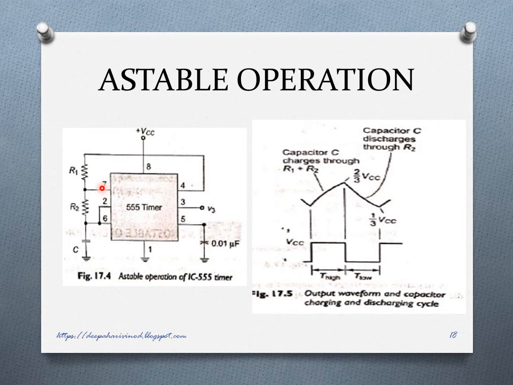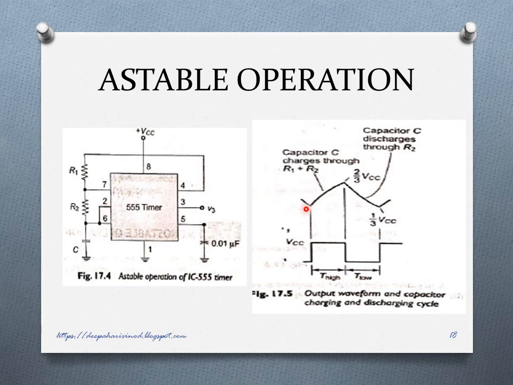It discharges through R2 and the time constant tau 2 equals R2 C. As the capacitor voltage, which is the trigger input at pin 2, falls below 1/3 VCC, the comparator 2 output causes the flip-flop to reset.